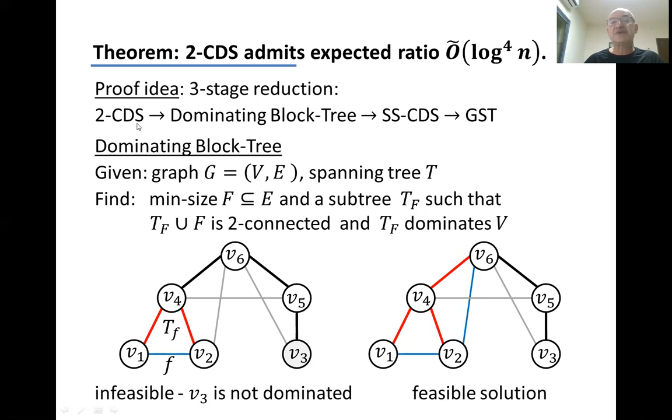We first reduce the problem to a problem called dominating block tree. Dominating block tree is a problem that is closely related to the block tree augmentation problem. But here, instead of augmenting a tree, we seek both a subtree and an augmenting edge set that makes it two connected. I will describe this in several seconds.